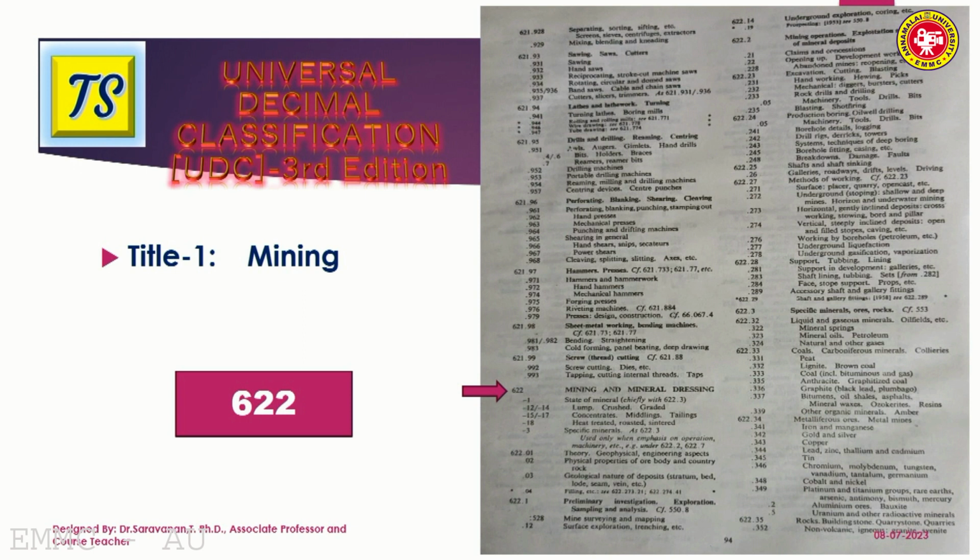You can approach this schedule using the index. In any classification, you can find the index part at the last. At the end of the schedule, you can find the index. The UDC has a separate index volume. In the UDC 3rd edition and Colon Classification 6th edition, the index part is provided at the last part. It is a separate part. Index acts as a key to the schedule.